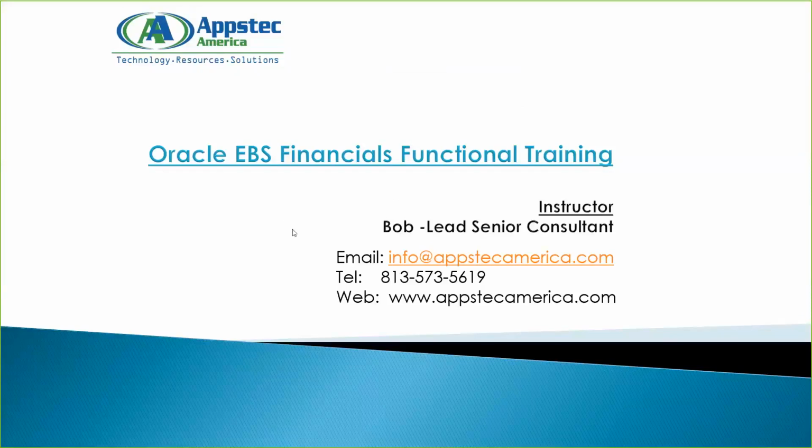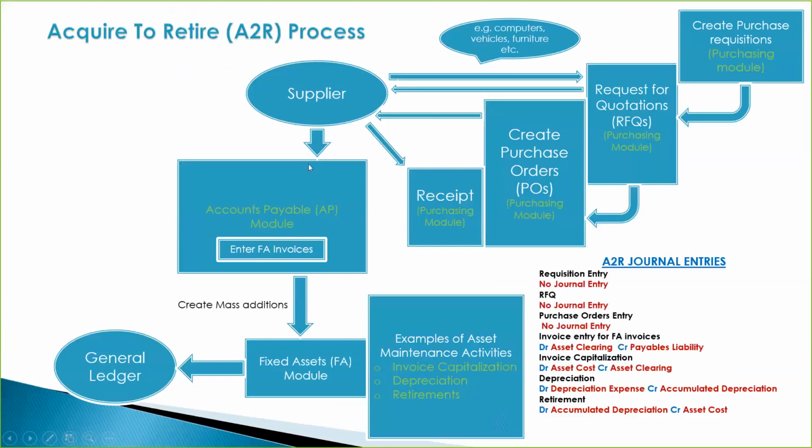Today we are going to discuss the acquire to retire process, the A2R process. Previously we've talked about the procure to pay process, and also the order to cash process.